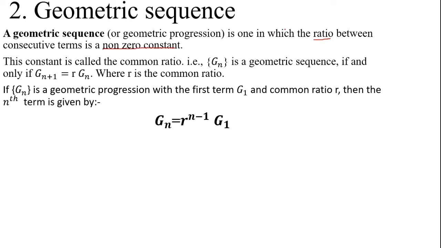But here we need to see the ratio between two consecutive terms. So this ratio can be symbolized as R. Yes. So for a sequence, whether or not it is geometric, this ratio must be constant.